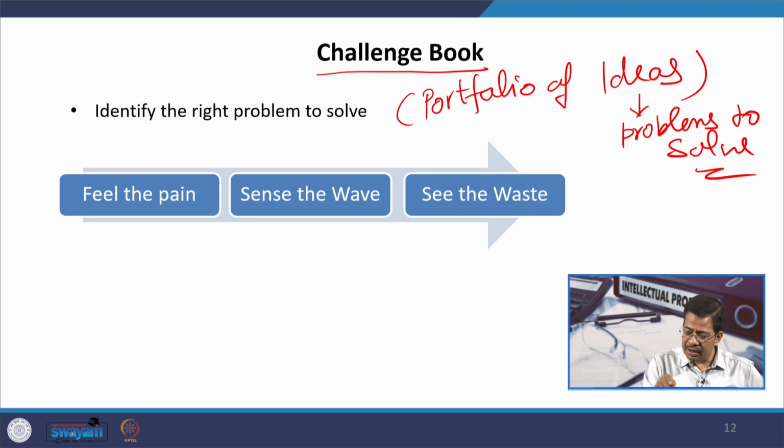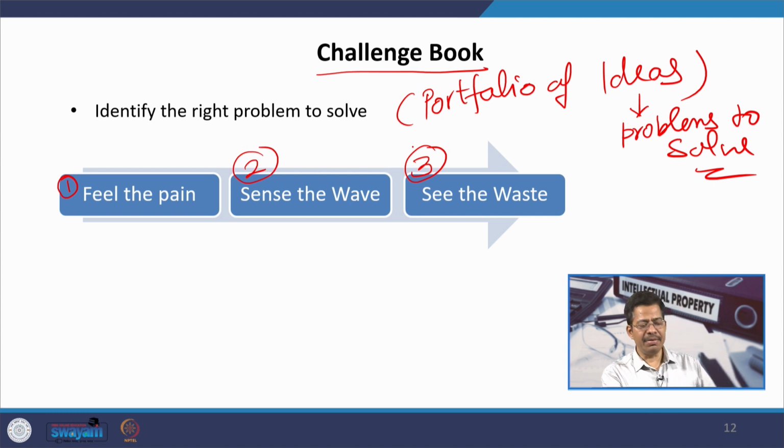Everybody may be searched for ideas on the basis of these 3 aspects. One is feeling the pain, second is sensing the wave, and third is seeing the waste around you. These can be the 3 important sources for all 5 sources of idea generation.